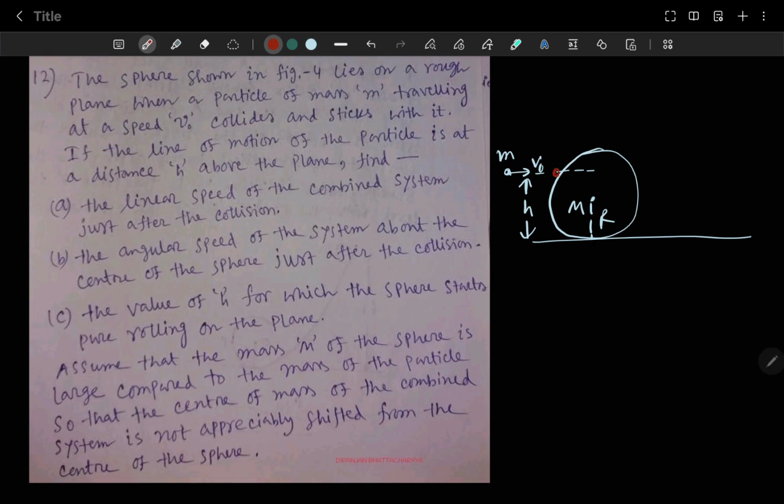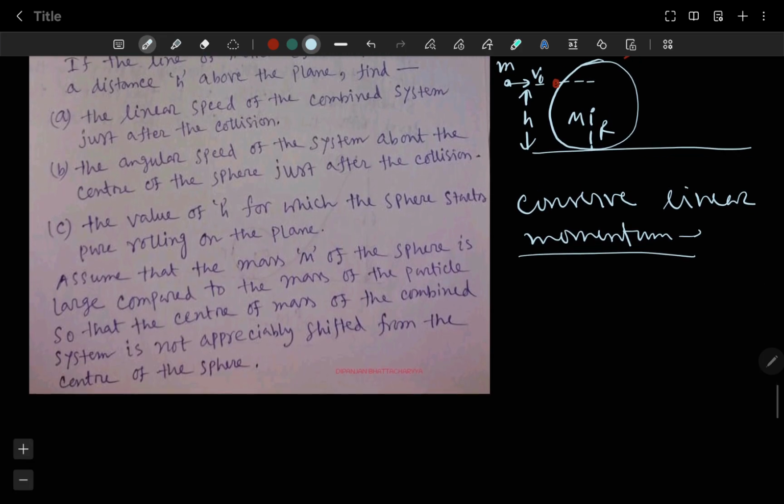This particle hits the sphere and sticks to it, and this combined system starts rolling. So they asked you what is the linear speed of the combined system just after hitting. So we have to conserve the linear momentum, as there is collision.